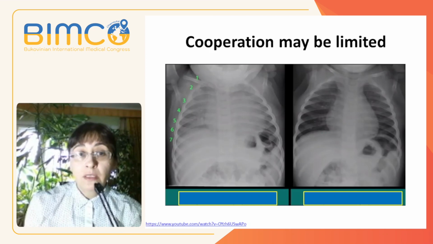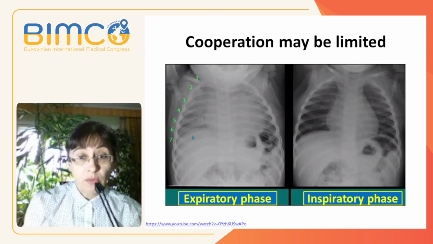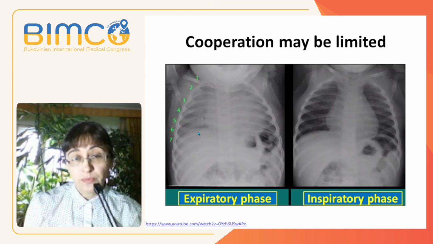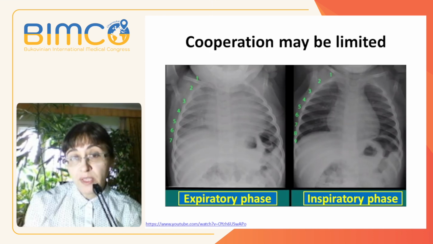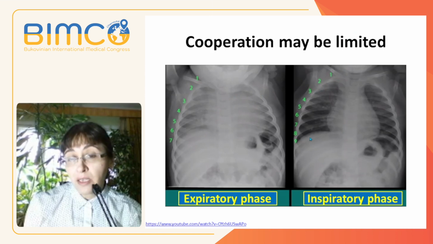The same child, in the left view, you may observe that it was done in expiratory phase and truly speaking gives us a lot of problems to interpret. And a chest X-ray of the same child taken 2 minutes later gives us the possibility to analyze it. No pathology we may observe, and in this case we may observe not 7 but 9 posterior ribs.